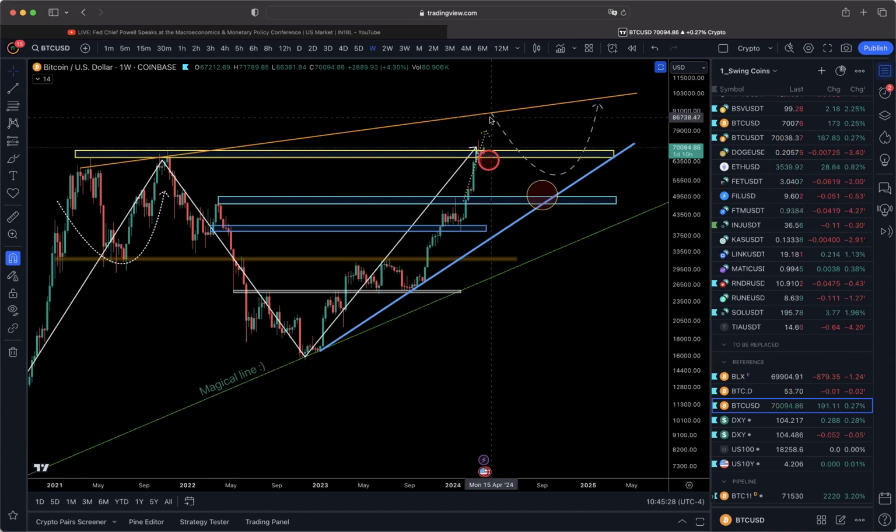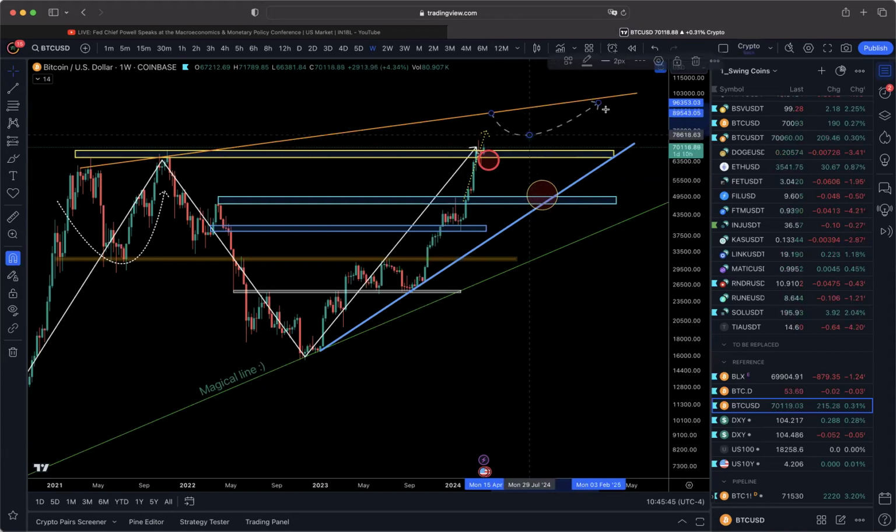If it can create a symmetry like this, and if it does, then we might see a major retracement. Again, even if it does, it is not an issue. The retracement could be shallow like this, and in that case, this would be very short term, and then it could continue.